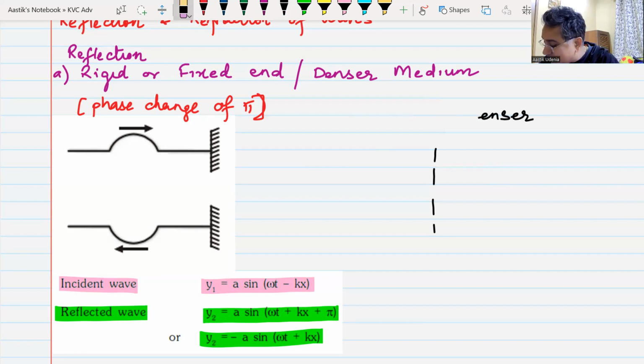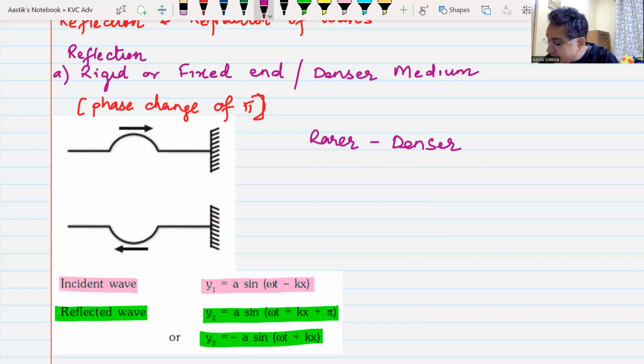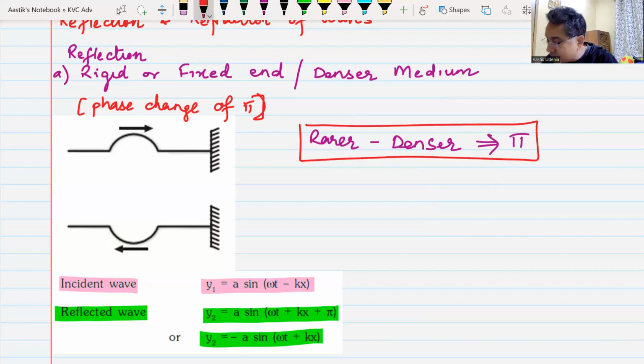Let us not draw it in the diagram because it will become confusing, as we have not done sound waves till now. But if any wave is getting reflected from a fixed end, or any wave is going from a rarer medium to a denser medium and getting reflected, it will undergo a phase change of pi radians. You just have to remember this.